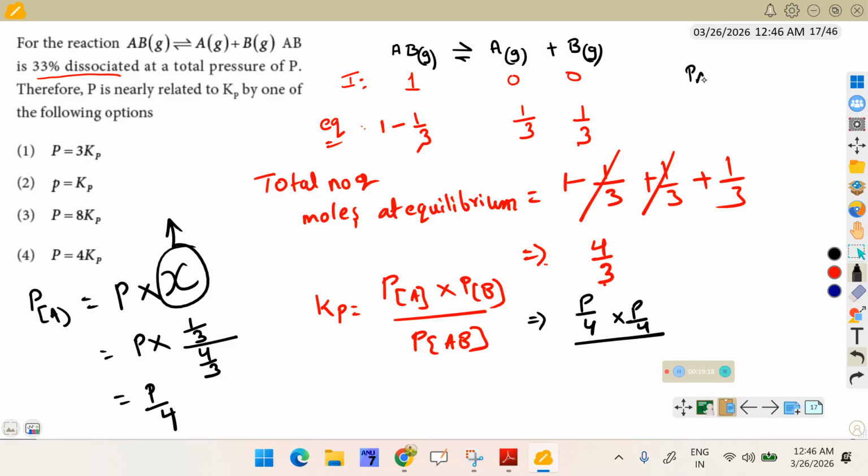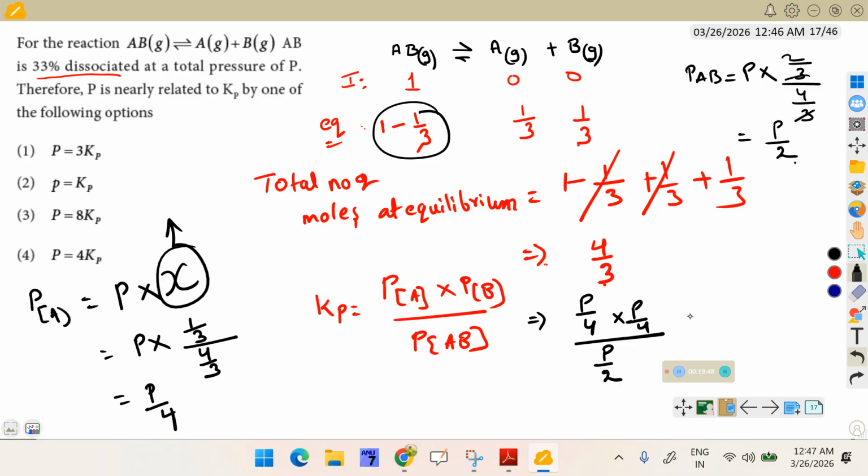Partial pressure of AB is equal to total pressure into mole fraction. Number of moles of the given component is 1 minus 1 by 3, nothing but 2 by 3, divided by total number of moles of all components, 4 by 3. 3 cancels, and this is P by 2.